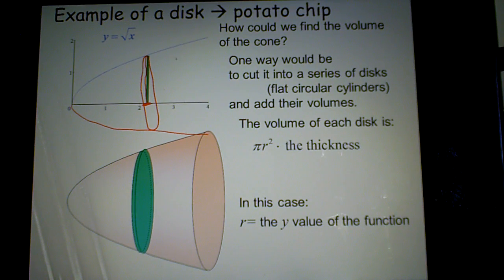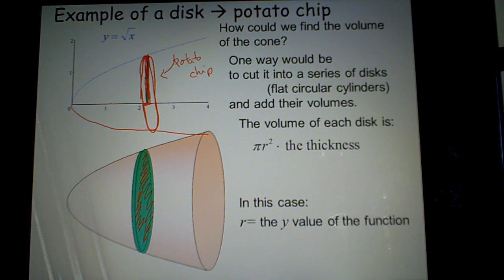There's my potato chip. Right? Which of course is much better drawn down here than I could draw it. But it comes from this representative strip and spinning it, if you can imagine spinning down and back around.